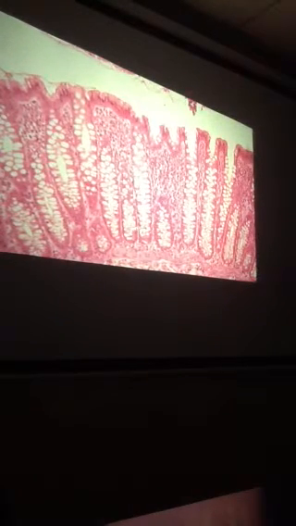Someone already has it. All the bubbles. Gotta be colon. So you got crypts, a massive concentration of goblet cells. So yep, that's an easy one. And I might add, what are these? Goblet cells.